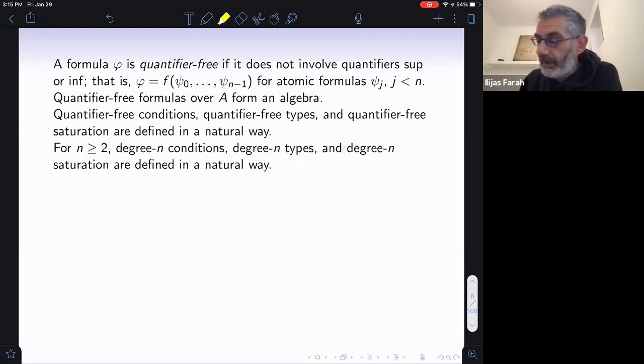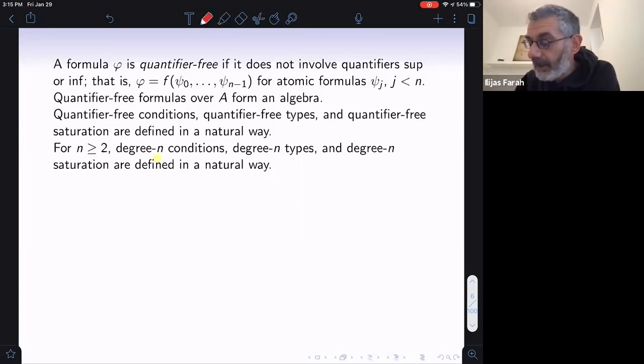And you can also be a bit pickier, or finer. We defined the degree 1 conditions maybe a week or so ago, but for any n, you can define degree n conditions.